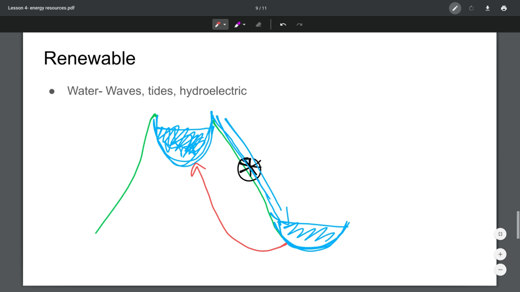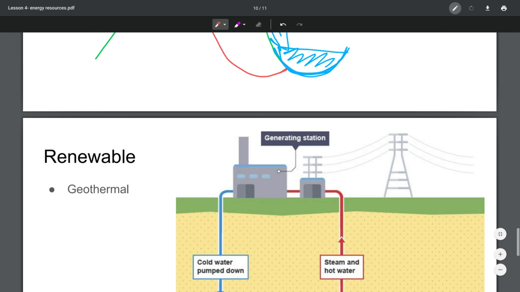So if you're doing that, then obviously you're getting the fossil fuel aspect back in again. The other thing about water is sometimes you get dead plants and things in the water and they can release methane. Now methane, unfortunately, is another greenhouse gas. So none of these are going to be perfect, to be honest.